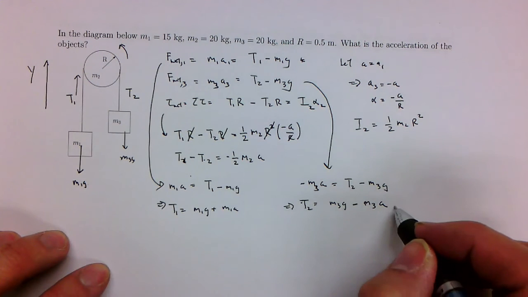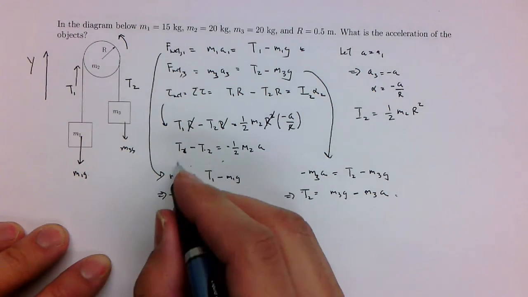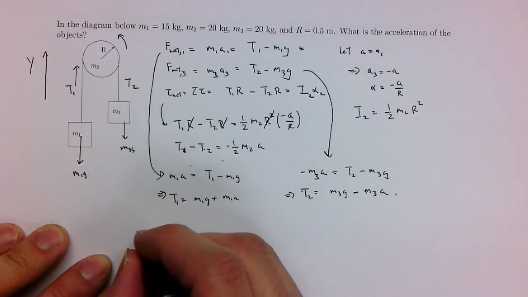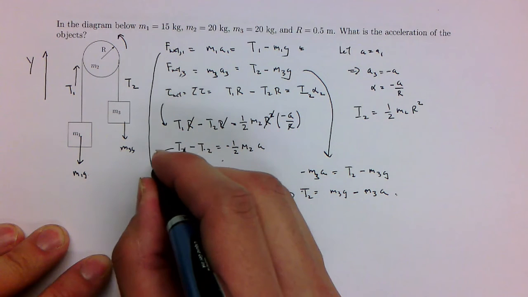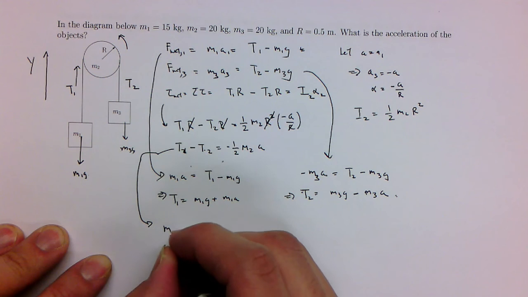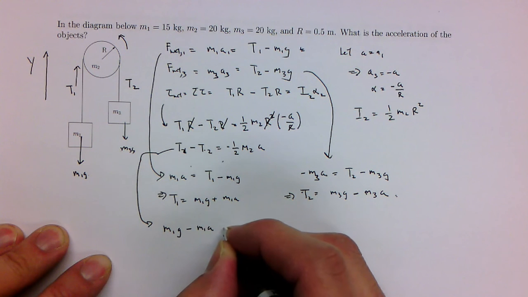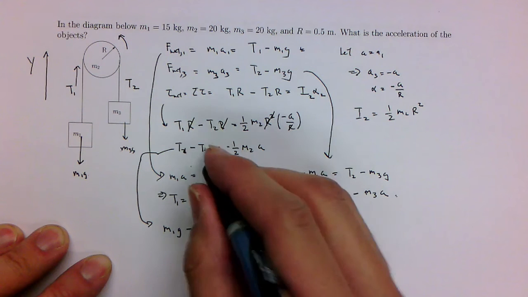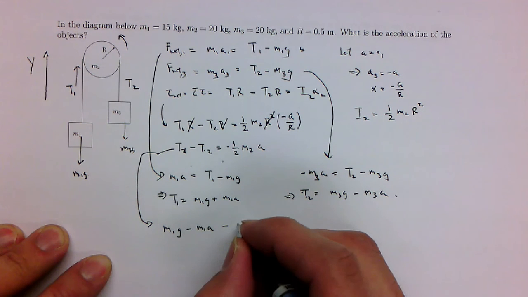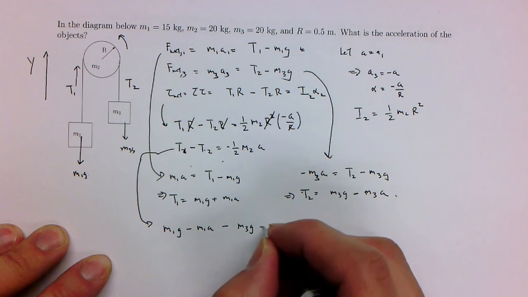So now let's take this and plug it into this equation here. Let's write down T1 first. This term gives me M1g plus M1A, minus T2, which is M3g minus M3A.